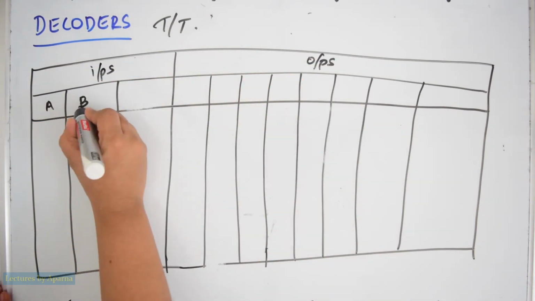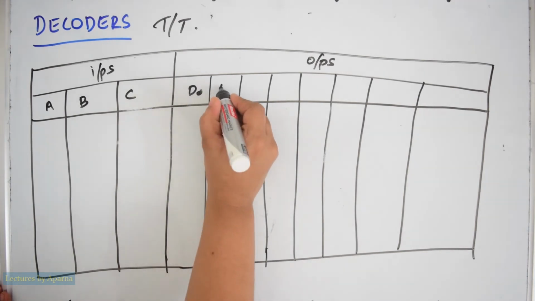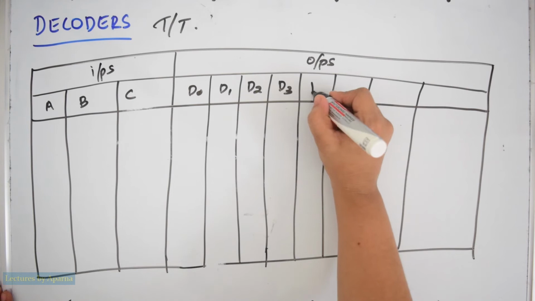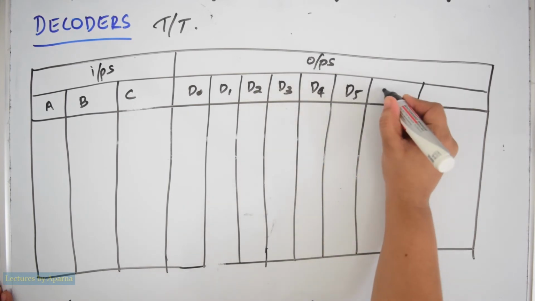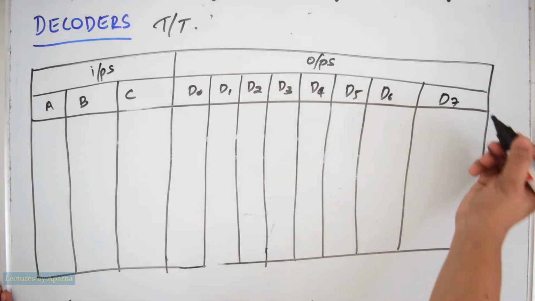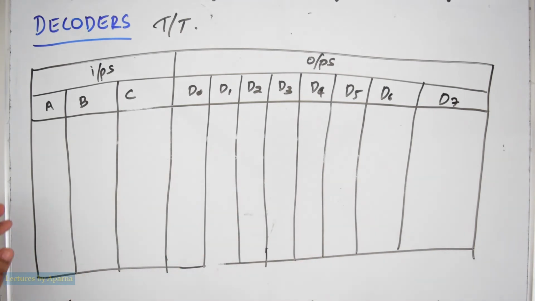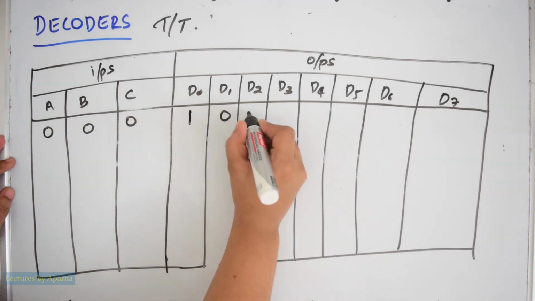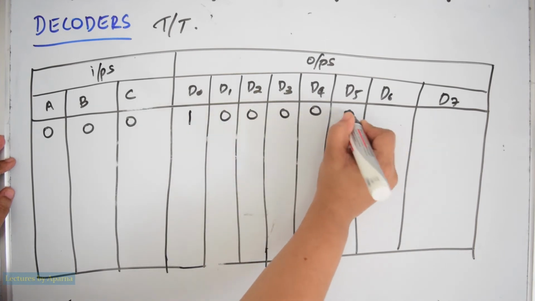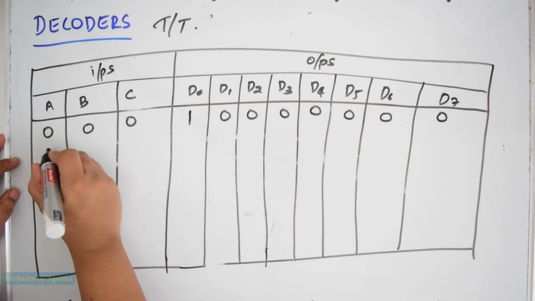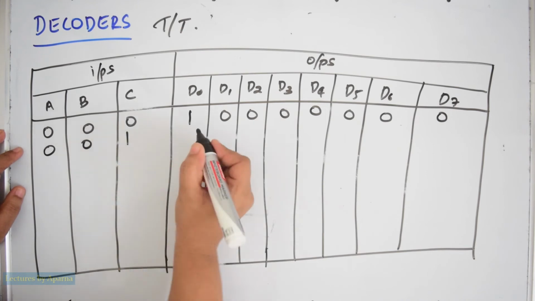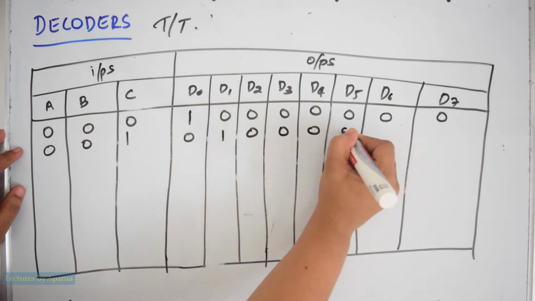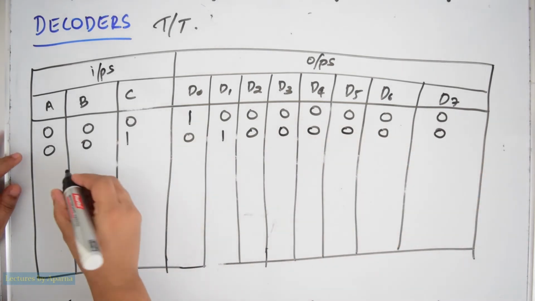A, B, C. This is D0, D1, D2, D3, D4, D5, D6, D7. Now let's fill the truth table. When ABC is 0, 0, 0, D0 will be high, all other terminals will be 0. When it is 0, 0, 1, D0 will be 0, D1 will be high, all others will be 0.